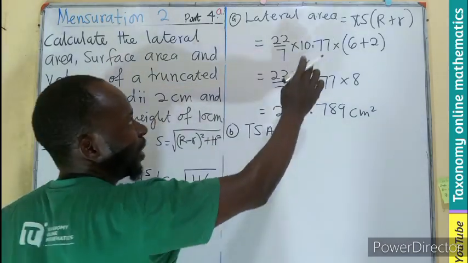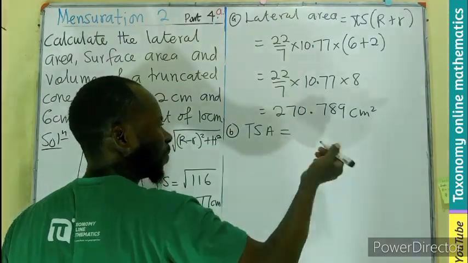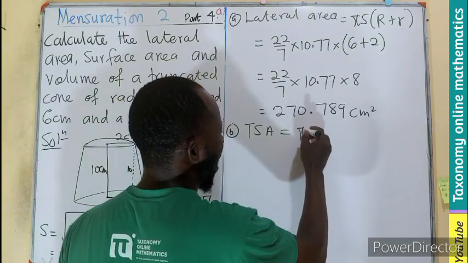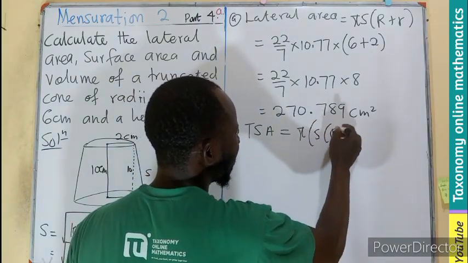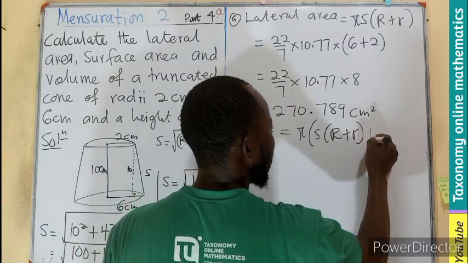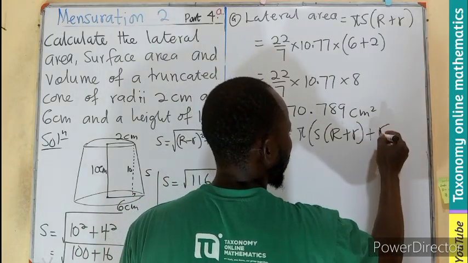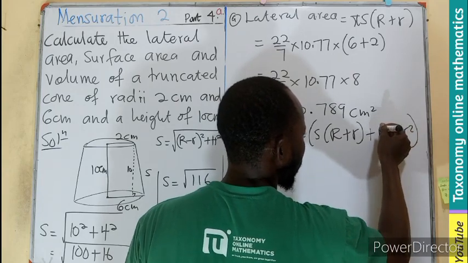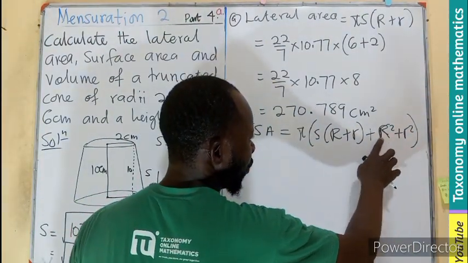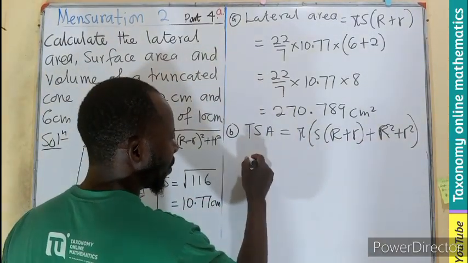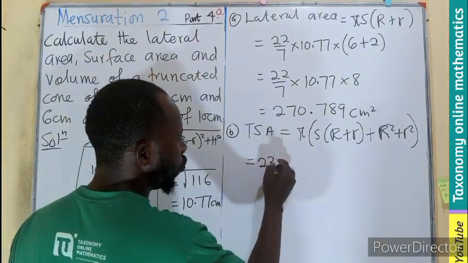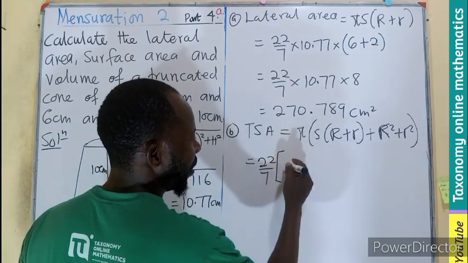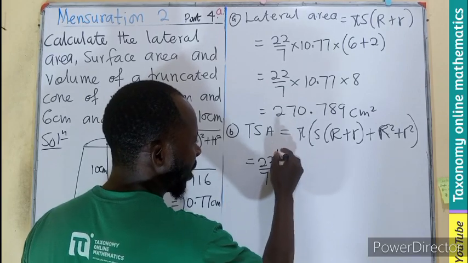The curved surface area we already know. So by quoting the formula, we have pi times the bracket of s times R plus r, plus R squared plus r squared. Here we'll be doing substitution: 22 on 7.